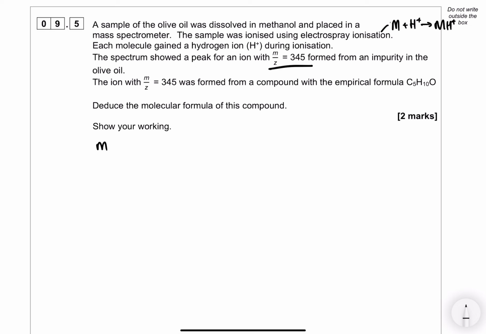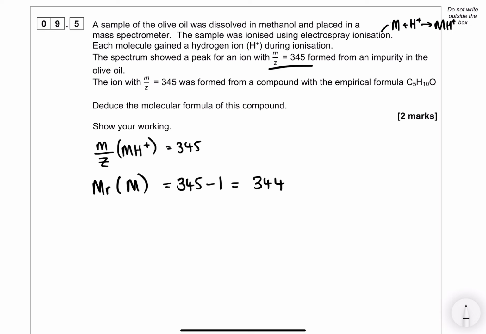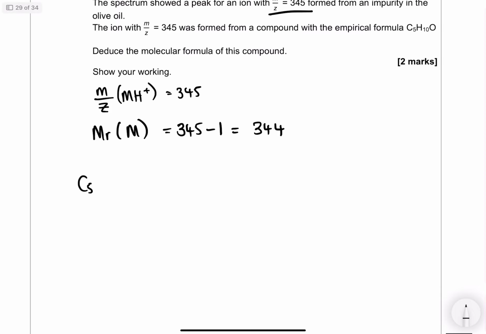So if the m/z of MH+ equals 345, then the Mr of our compound, M, is 345 minus the H, so it's 344. We need to add up the empirical formula mass of C5H10O: 5 C's, so 5 12s, 10 1s and a 16. That adds up to 86.